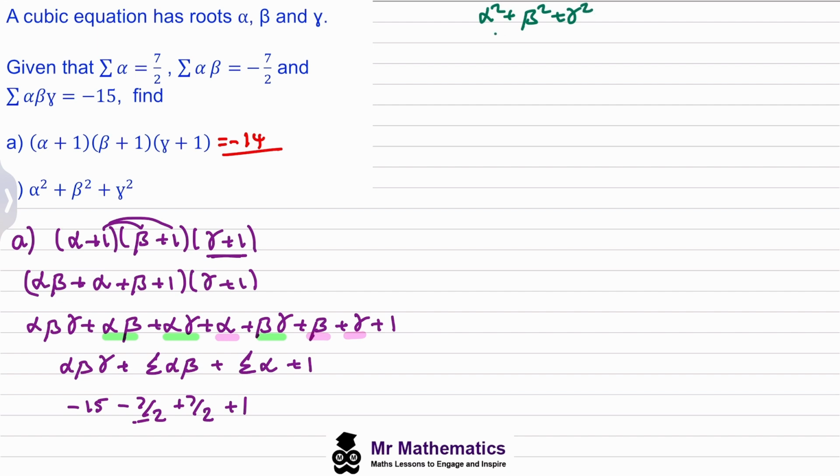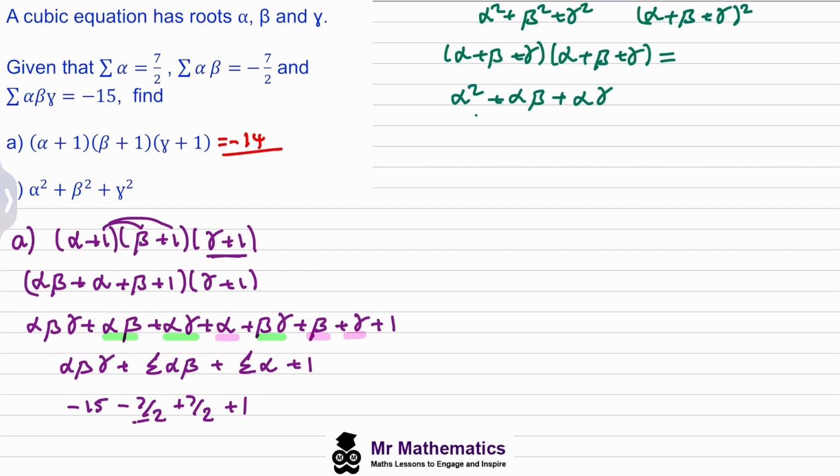Okay? For part B, we have alpha squared plus beta squared plus gamma squared. Now the best way of working this out is to use alpha plus beta plus gamma all squared, which means we're going to need to multiply alpha plus beta plus gamma by itself. Now we can expand this out, so we get alpha squared plus alpha beta plus alpha gamma.